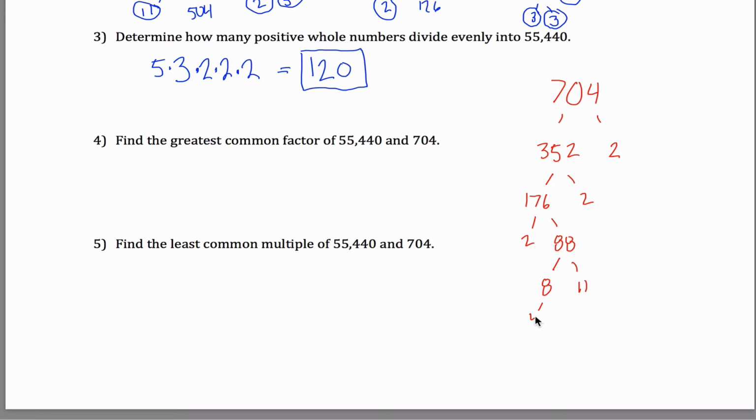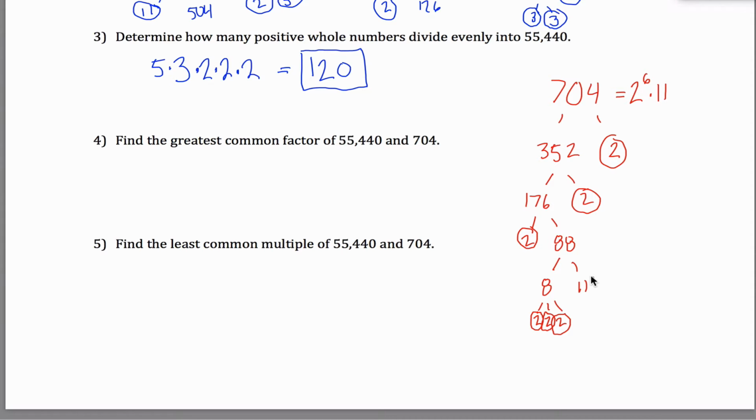And 8, I could write as 2 times 2 times 2. So what I have for the prime factorization of 704 is a whole bunch of 2's and an 11. How many 2's do I got? 1, 2, 3, 4, 5, 6. I got 2 to the 6th power times 11.